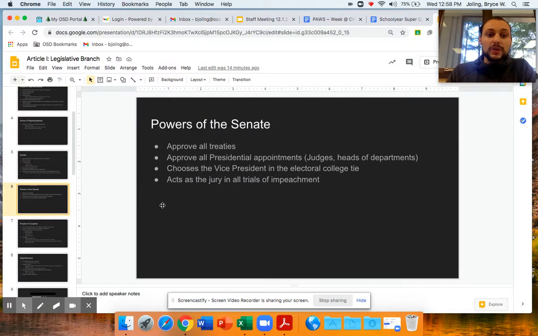The Senate also provides what is known as advice and consent. Like I was discussing with Mitch McConnell and President-elect Joe Biden's cabinet positions, the Senate is required for presidential appointments. Every single cabinet position requires Senate confirmation. It's the same thing with justices.